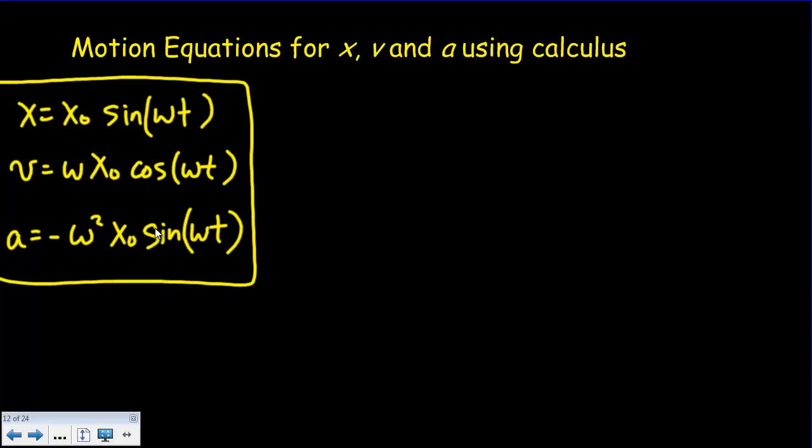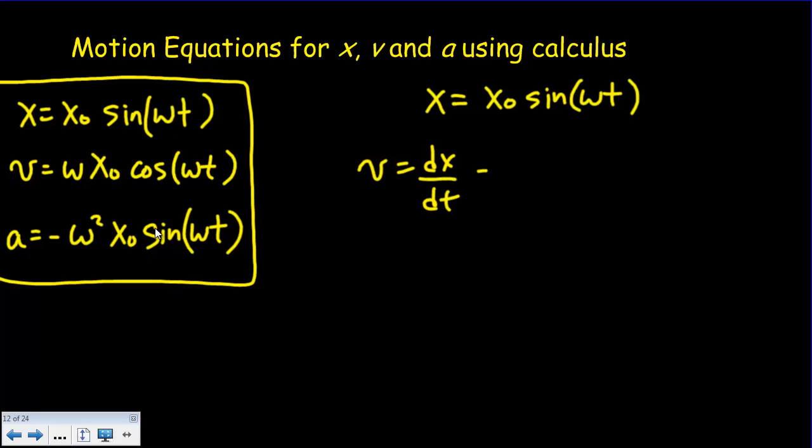They can be derived really easily with calculus using derivatives and the chain rule. So I know that if I start with x equals x naught sine omega t, then v must be equal to the derivative of x with respect to t. Now the amplitude's a constant.